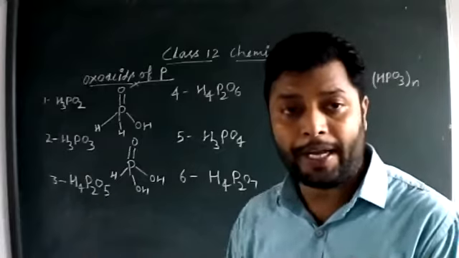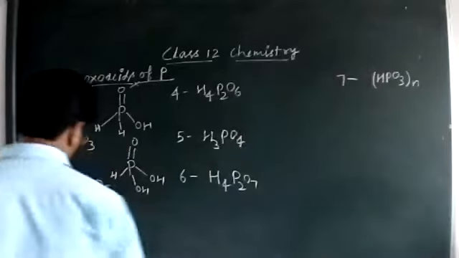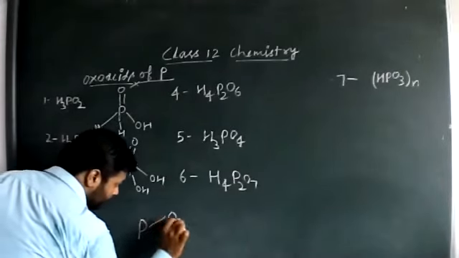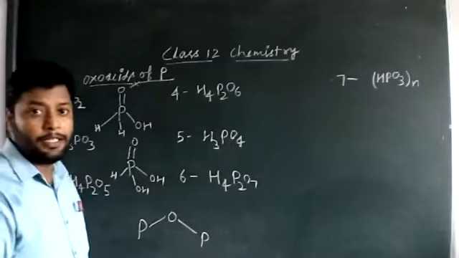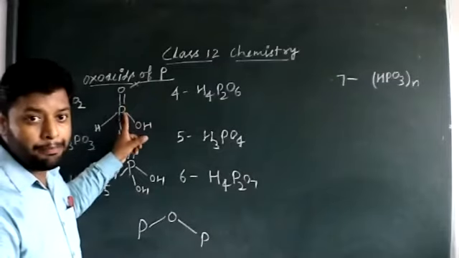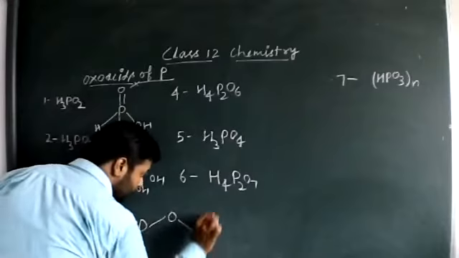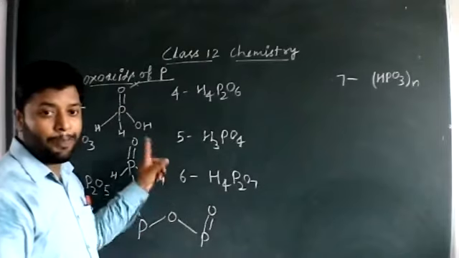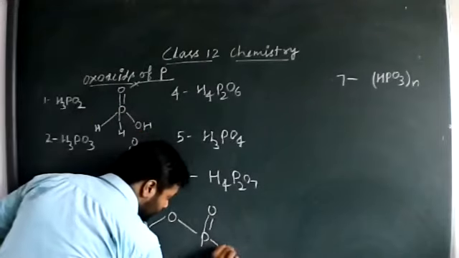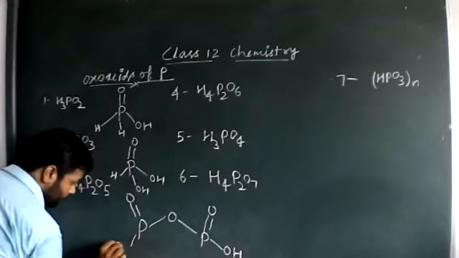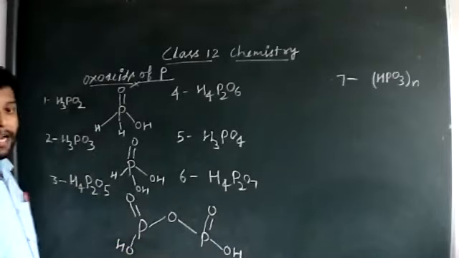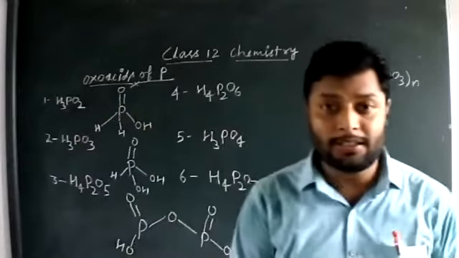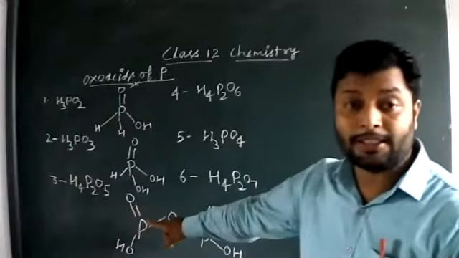So in H4P2O5, first I will draw the P-O-P bond, then we will follow the pattern P double bond O, then we will follow the pattern of OH, and if there is still any hydrogen remaining, then the hydrogen will attach to the phosphorus directly.